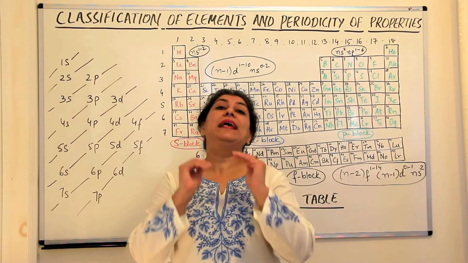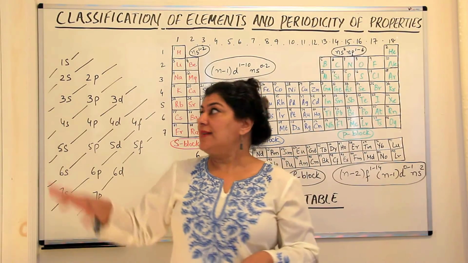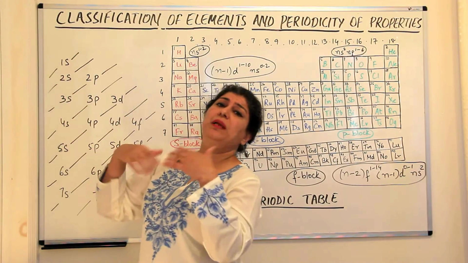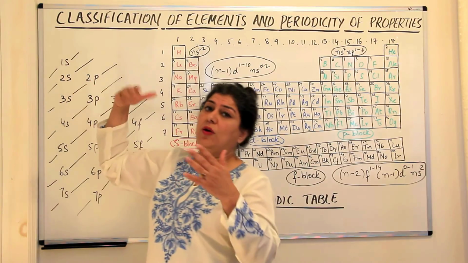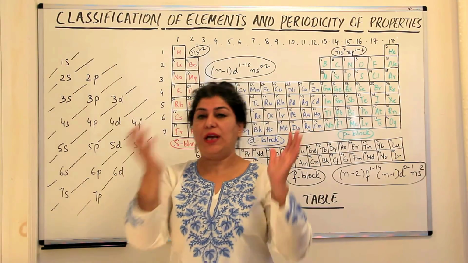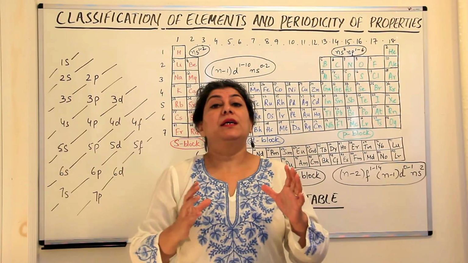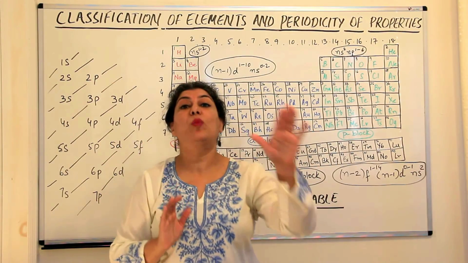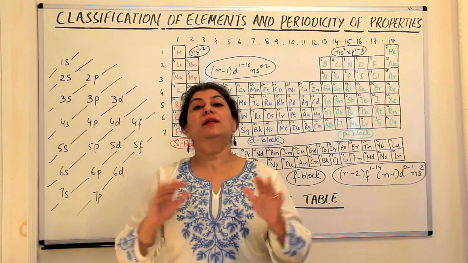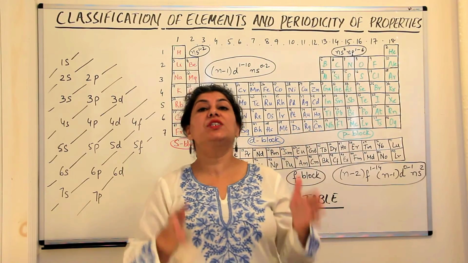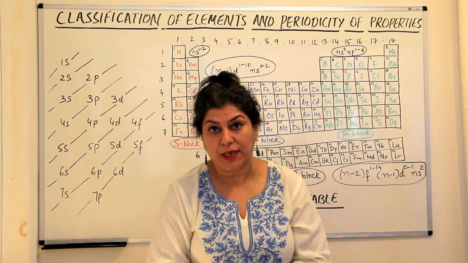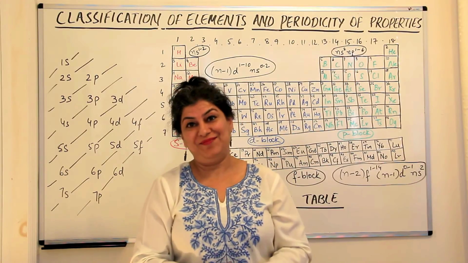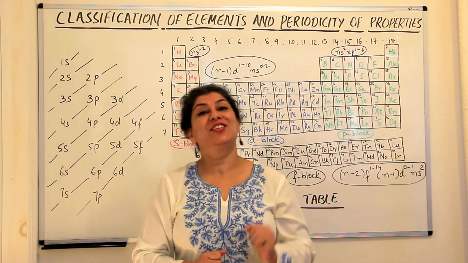So this is the only exception to the octet rule, that as long as it has only one shell, or it has 1 or 2 electrons in the next shell which can be lost to acquire the configuration of the previous shell, which I'll come to later. But except for that, when an atom has only one shell or wants to acquire that one shell, at all other times, when a shell is behaving as the outermost shell, it can never have more than 8 electrons in the outermost shell. And this is known as the octet rule.